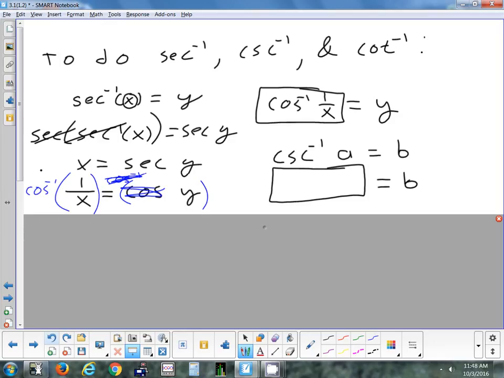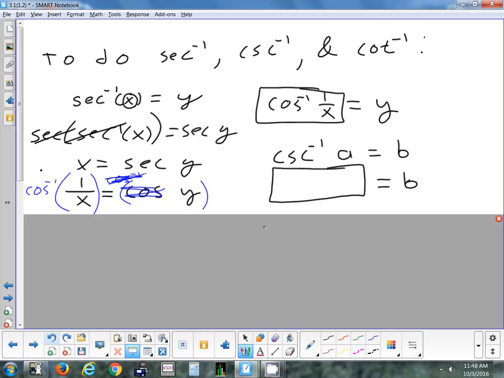All right. And how about inverse cotangent? What can I replace that with that I have a button for on the calculator? Inverse tangent. And now, since I changed the function to something I have a button for, I also have to change the argument. Can't put in 0.35.